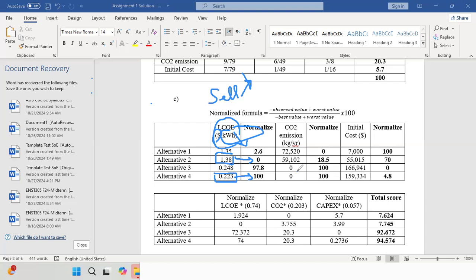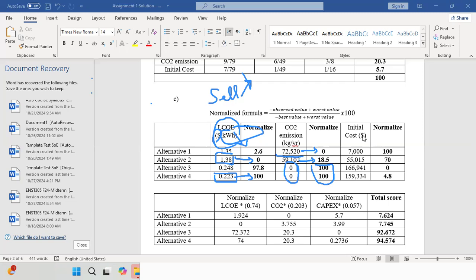Since alternatives 3 and 4 will not lead to emissions, I can consider that they will both have the highest score of 100, and the alternative characterized by the larger CO2 emission will get a score of 0. I just have to normalize this number, which is much closer to the worst value than the best value. This is why it will be characterized by a relatively low score.